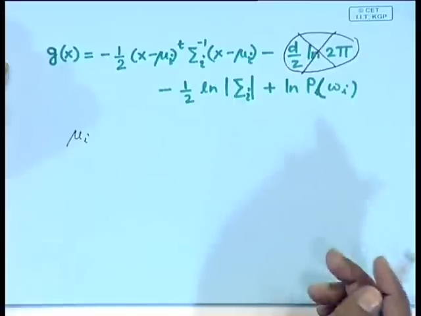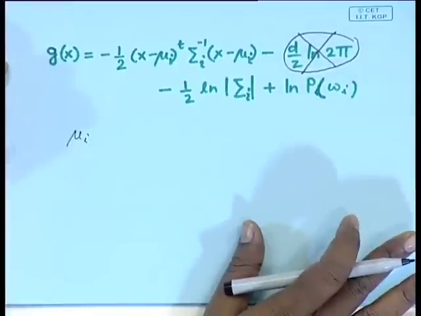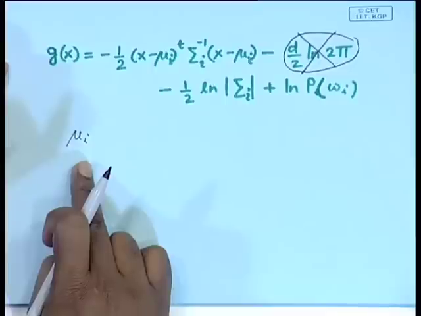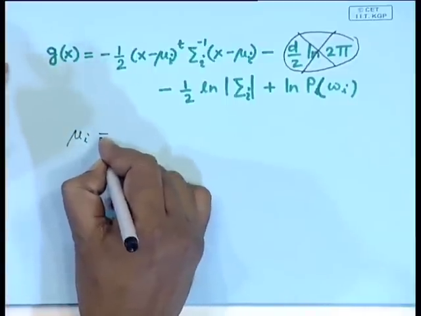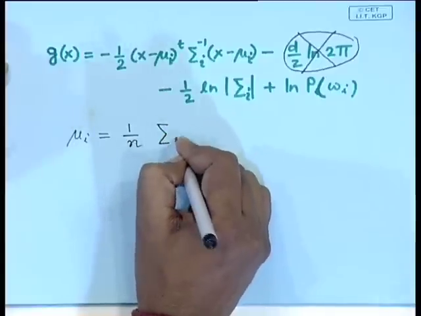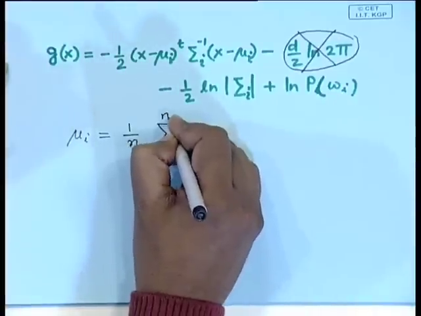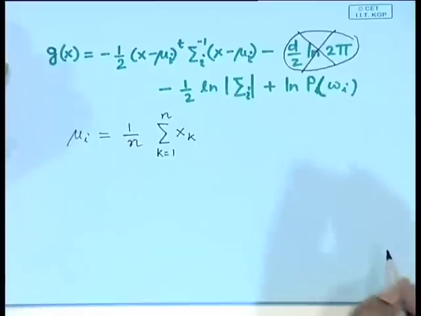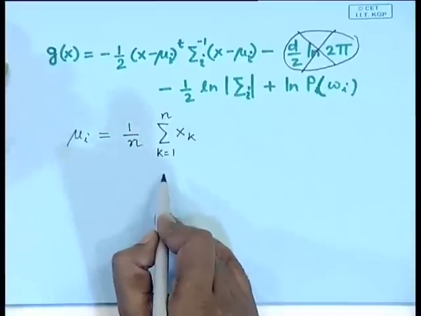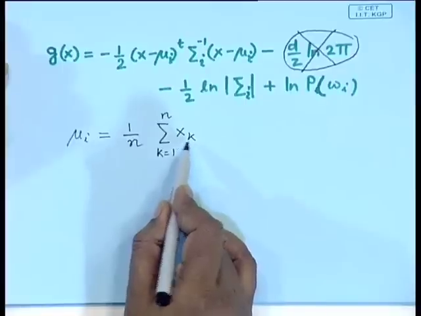Now, when I try to compute the value of mu I, assume that I have n training samples belonging to class omega I. Then mu I is nothing but 1 upon n, summation of x k, where k varies from 1 to n. So, I have to perform n summations followed by 1 division, and this x k is a feature vector of dimension d.